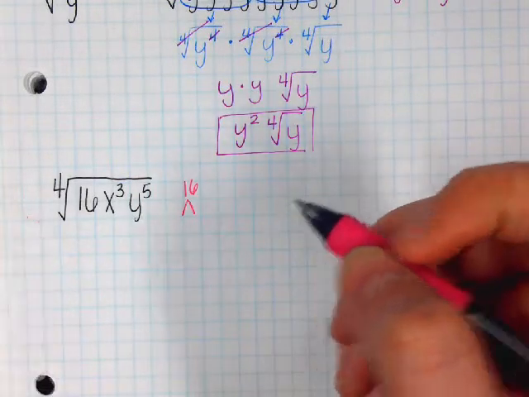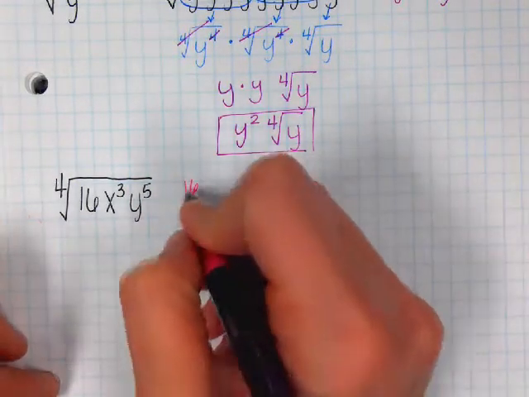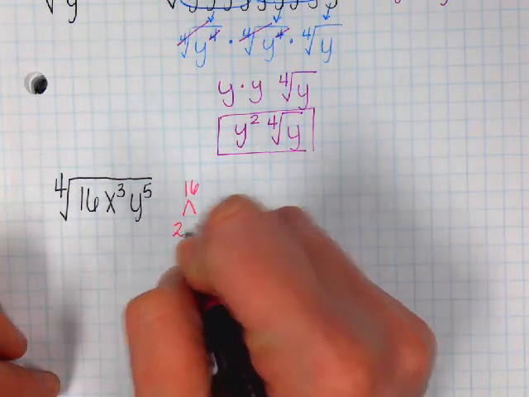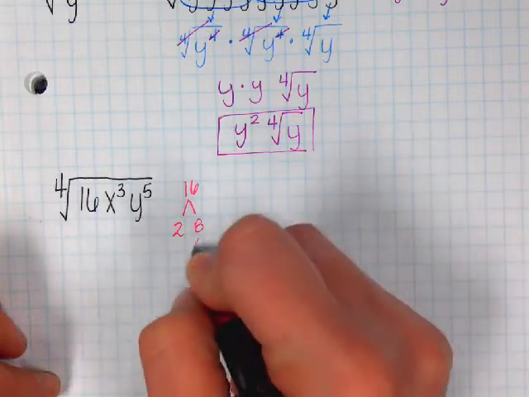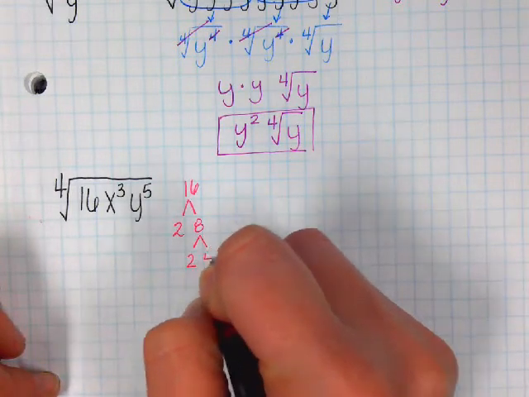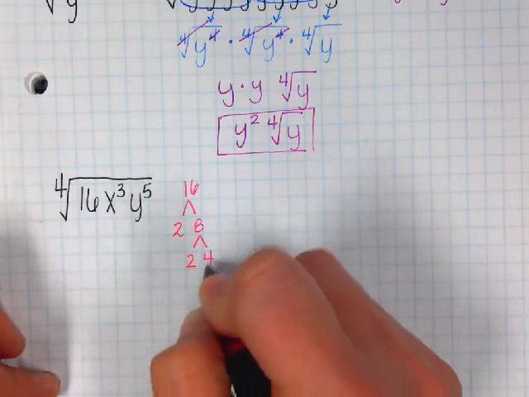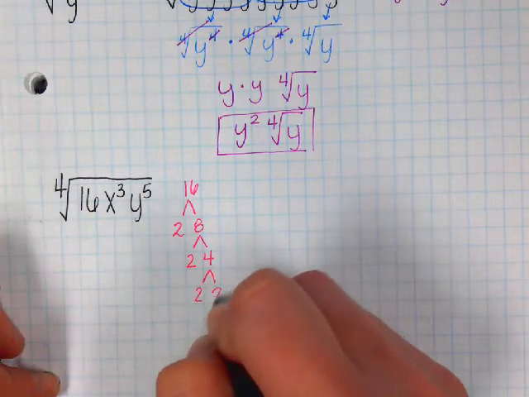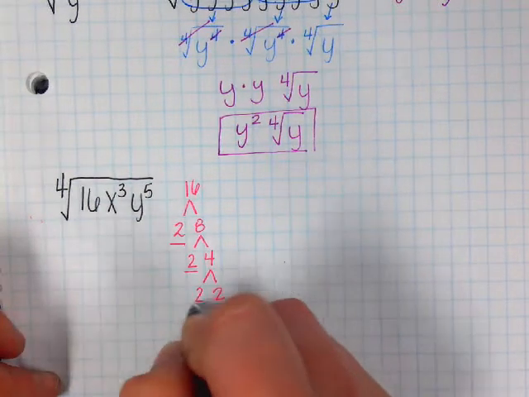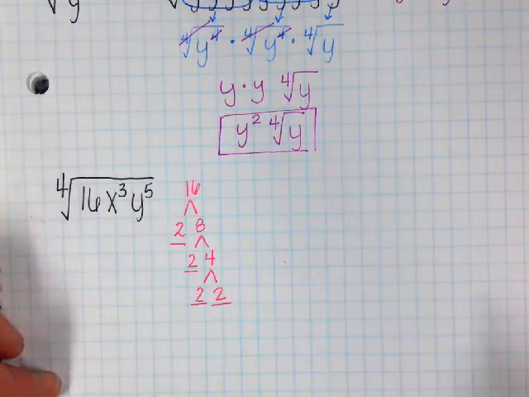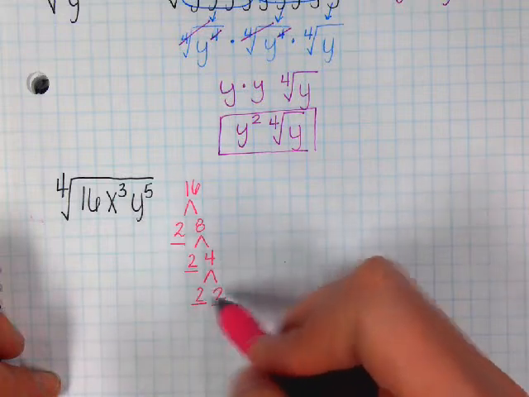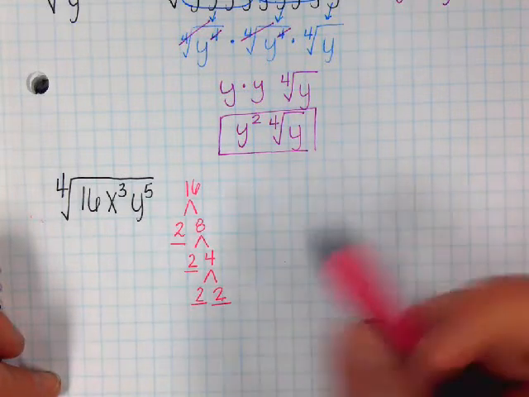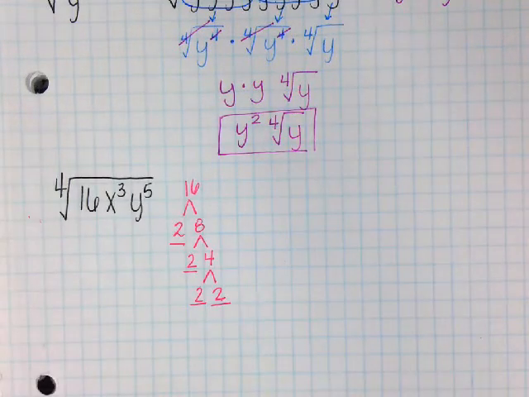So I'm going to say 16 and then do my factors. You can divide it if you need to, or I know that 16 is 2 times 8. I know that 8 is 2 times 4, and I know that 4 is 2 times 2. The ends of my factors are 2 times 2 times 2 times 2.